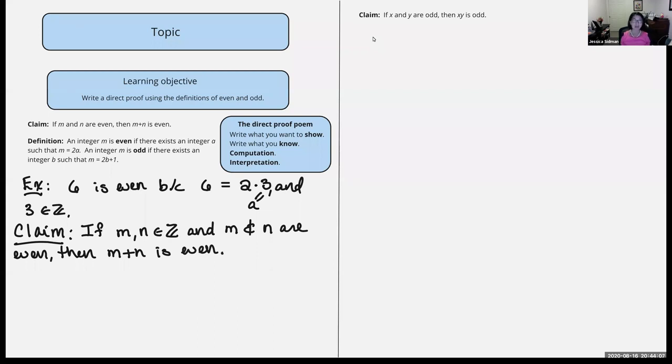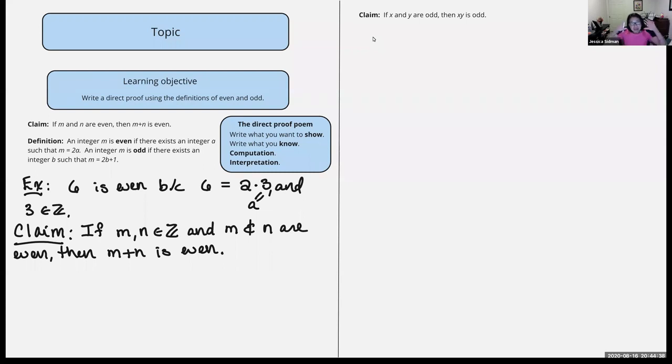The way I think about direct proofs is I wrote a little poem. The direct proof poem goes like this. First, you write down what you want to show. Then you write down what you know. I've already written down what I want to show, that's my claim. What I know is going to be my definition, and that's probably going to be one of the first things I write in my proof.